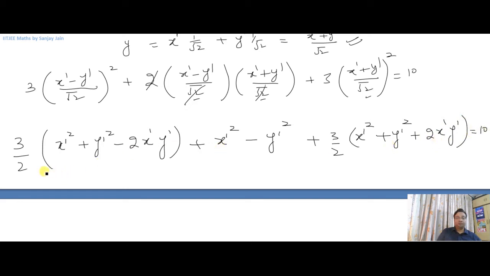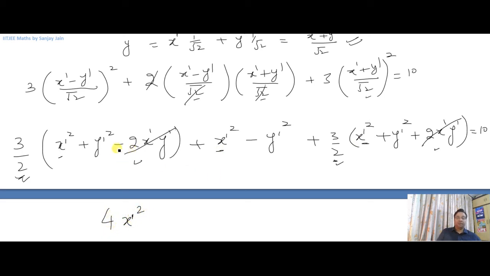So if you notice, this is 3 by 2, this is 3 by 2, and this is minus 2x dash y dash, this is plus 2x dash y dash, so this can be cancelled here, right? Okay, and this is 3 by 2 x dash squared, this is 3 by 2 x dash squared, so if you add these it will be 3x dash squared, and there is another x dash squared here, so total 4x dash squared.